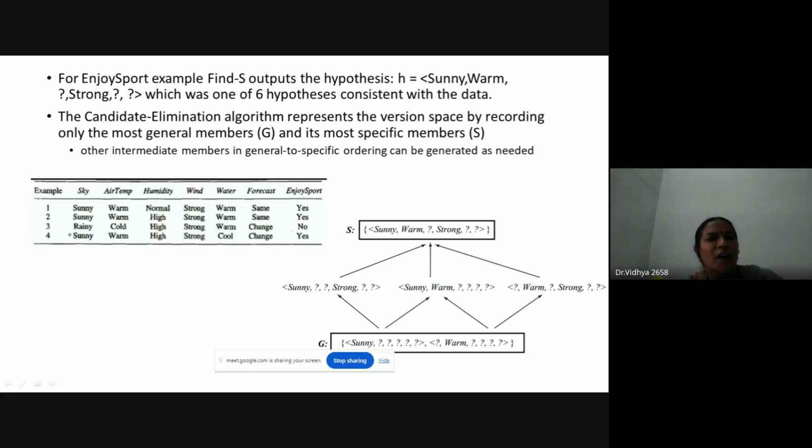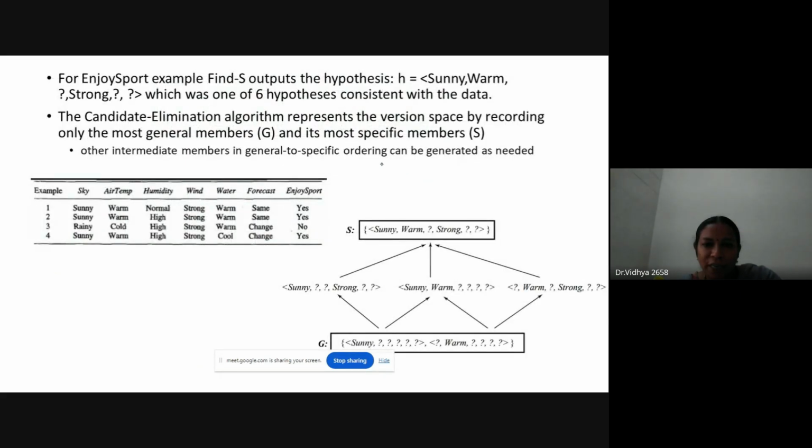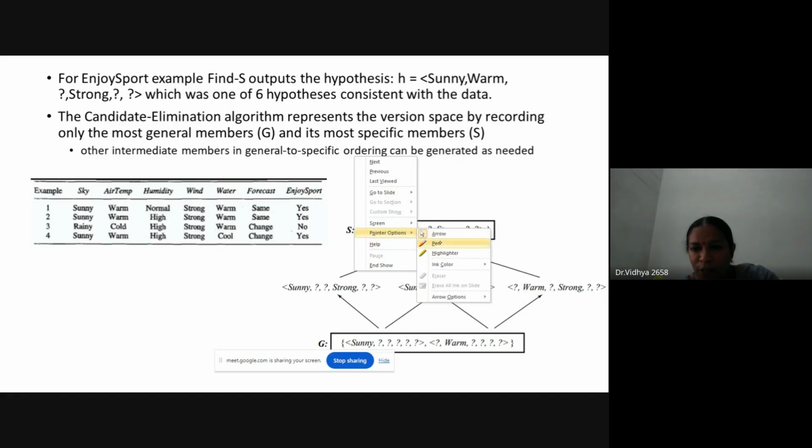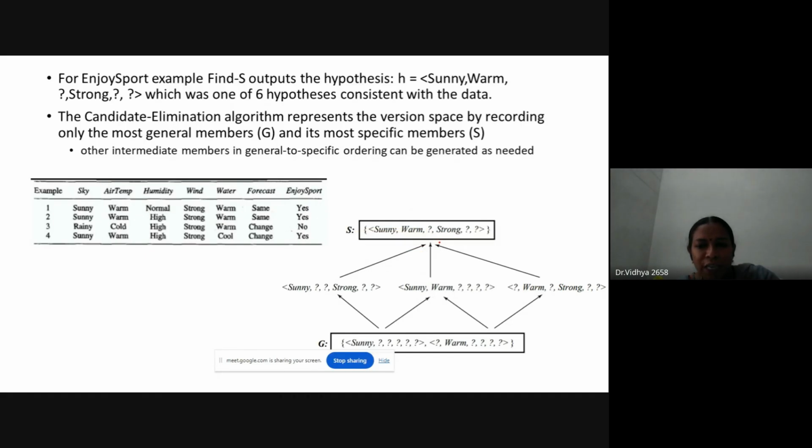The candidate elimination algorithm represents the version space by recording only the most general members, and it also records the most specific members. So the candidate elimination algorithm specifies the most general members as well as the most specific members.